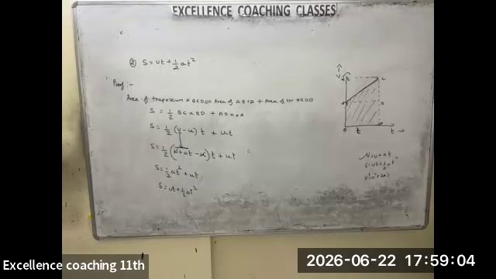They will say prove second kinematic equation. I understood what you are trying to say. The bracket V is equal to U plus A.